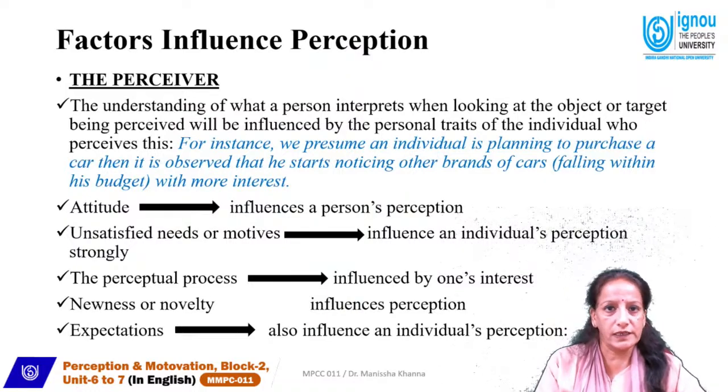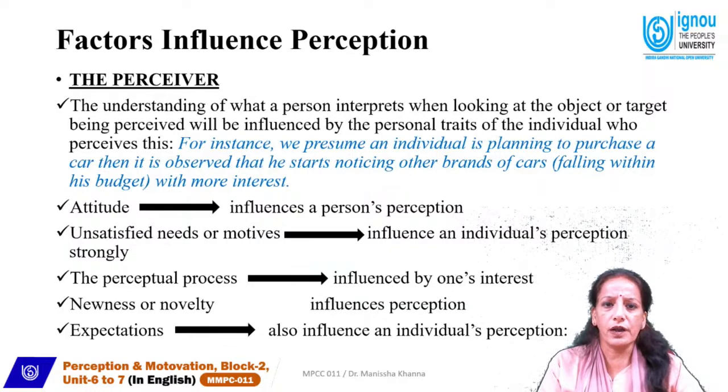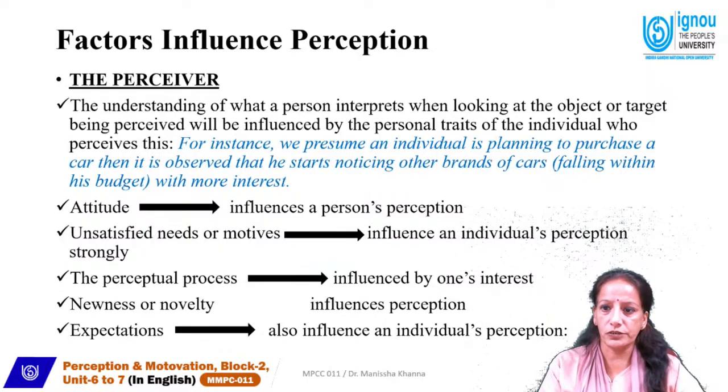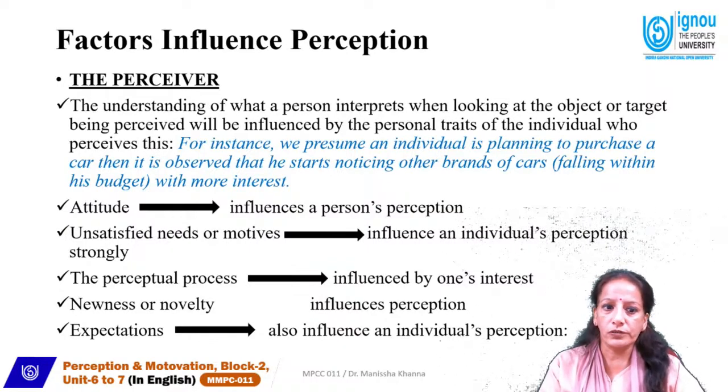So let's see in detail about the perceiver. What a person interprets when looking at an object or target being perceived will be influenced by the personal traits of the individual who perceives it. For example, if an individual is planning to purchase a car, it is observed that he starts noticing other brands of cars falling within his budget with more interest.